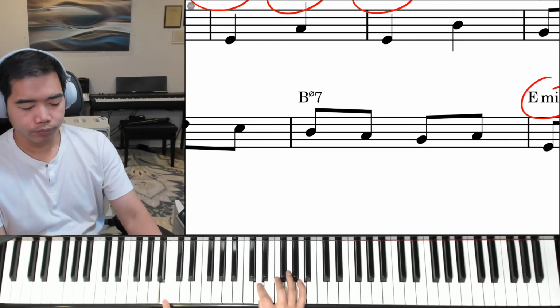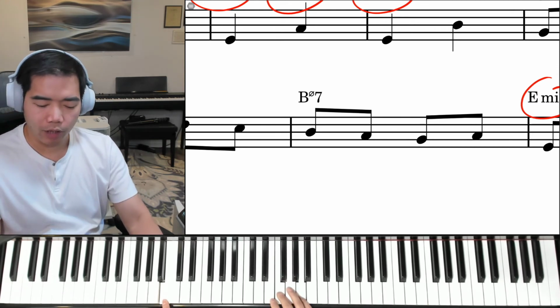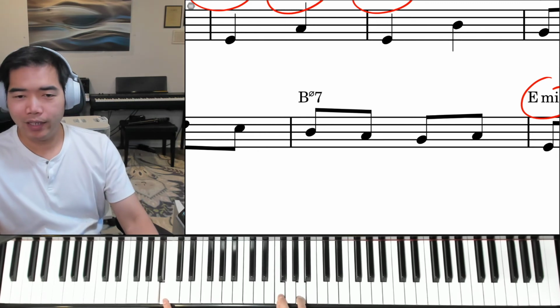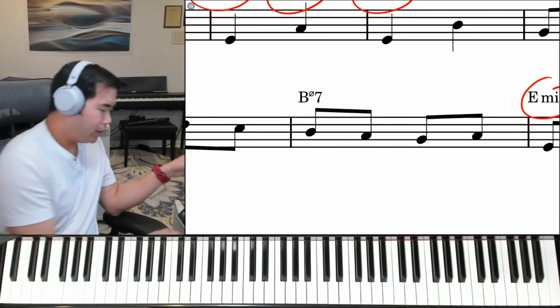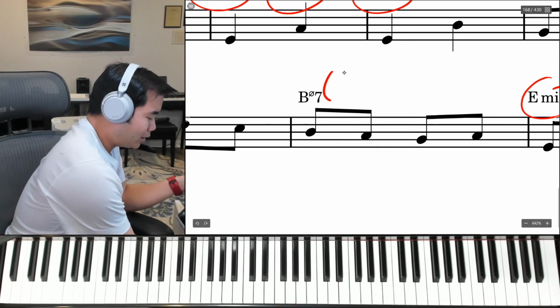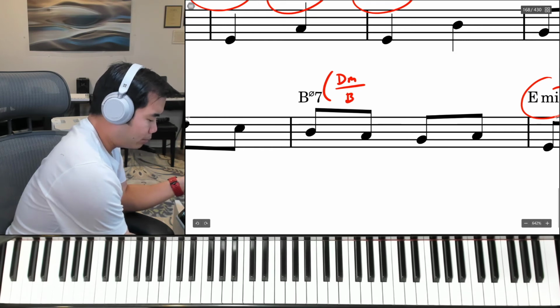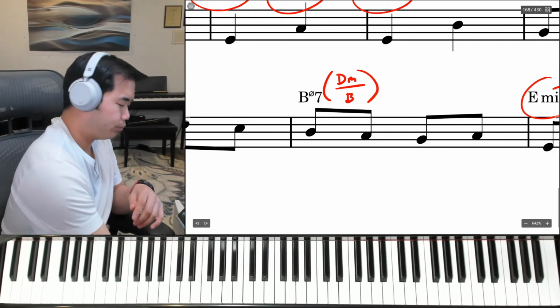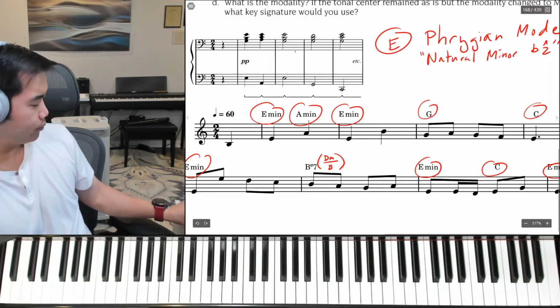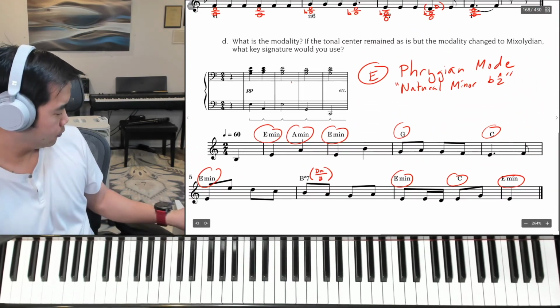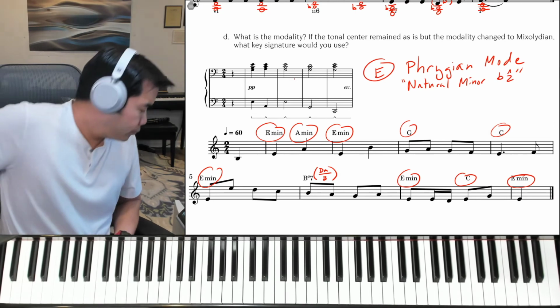Okay? You could also pull this off just by playing F and A in the right hand. You would still hear B half diminished 7. Okay? So the right hand can be voiced as, you could think of this as D minor over B, if you wanted to. D minor over B will create the same effect. Okay?